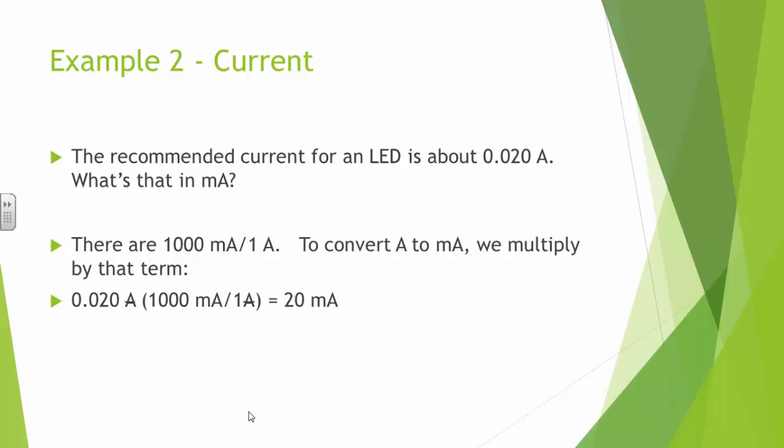And if you're the type who likes unit cancellation, we can cancel the amps and the only units remaining are milliamps. So 0.02 amps is 20 milliamps.